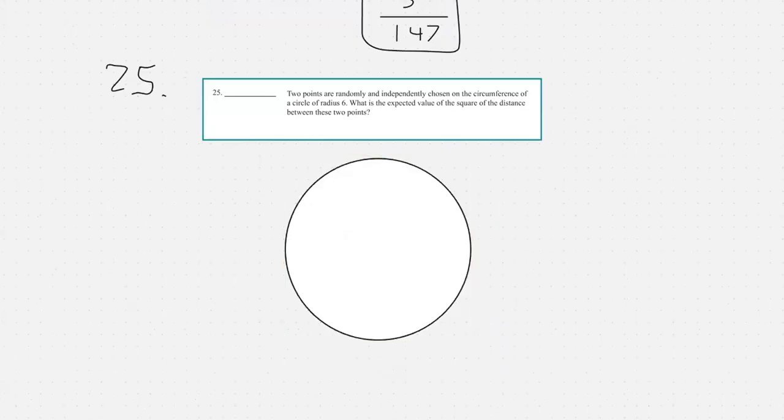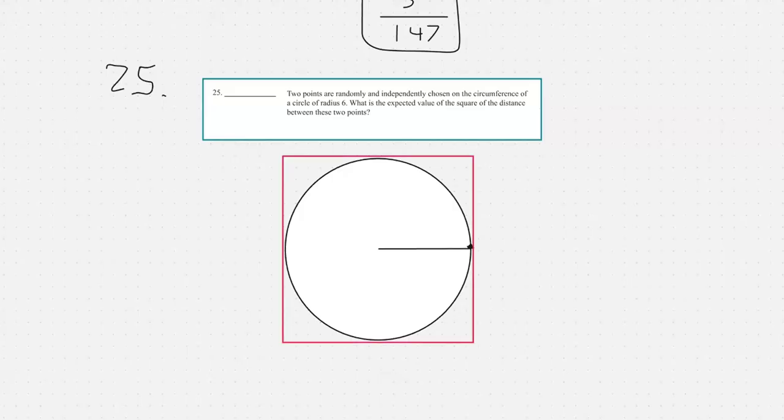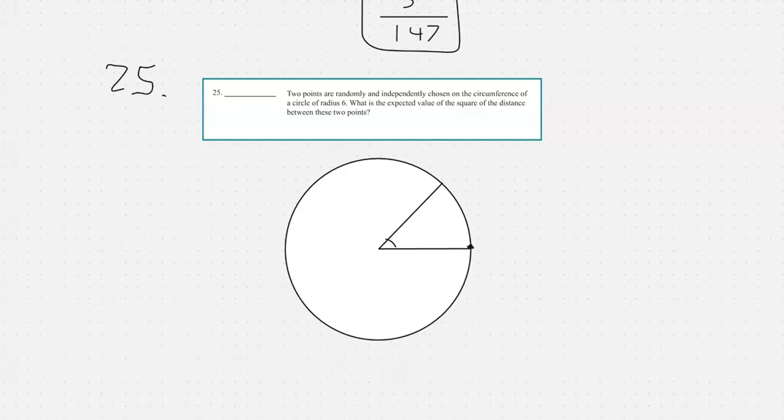Then draw the radii. Suppose we have one of these radii and another radius to our second point. Let this angle here be theta. If it's random, this theta will have a uniform distribution from 0 to 2 pi.